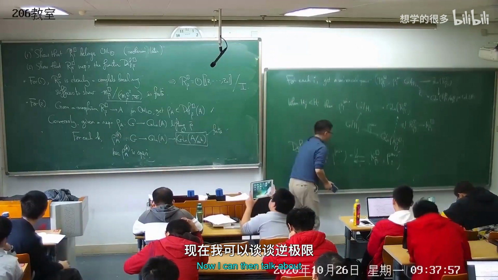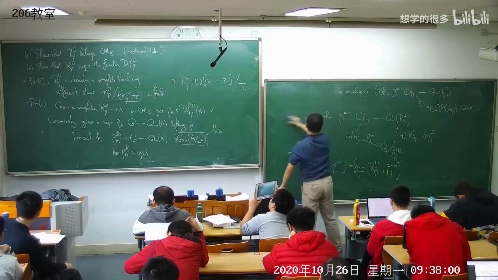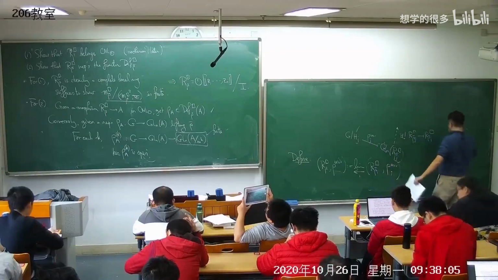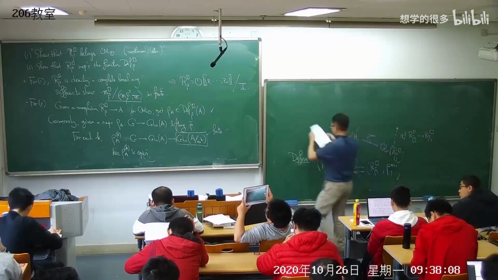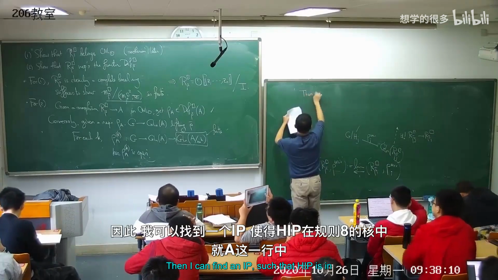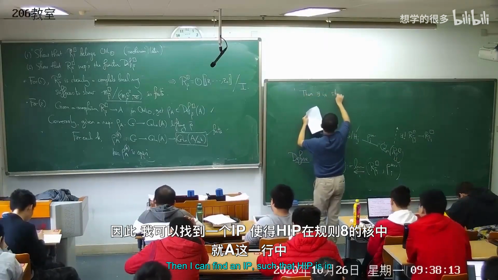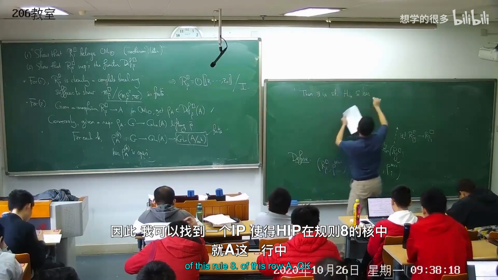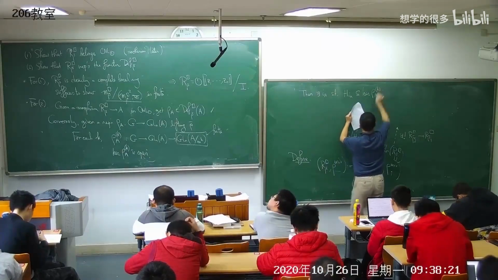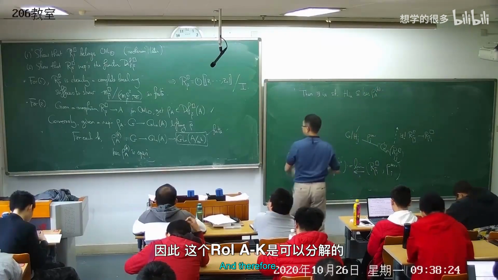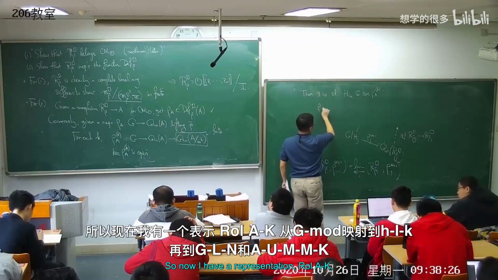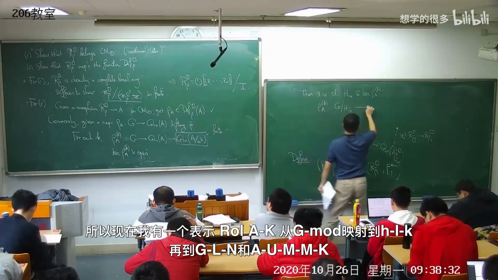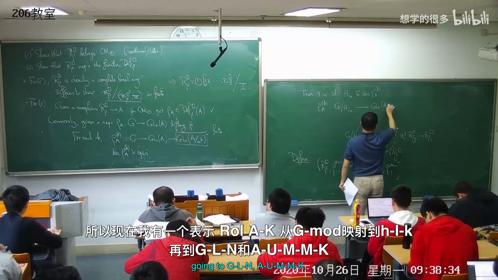Now I can talk about the inverse limit. Then I can find an H_{i_k} such that H_{i_k} is contained in the kernel of this ρ_A,k. And therefore this ρ_A,k factors through. So now I have a representation ρ_A,k from G mod this H_{i_k} going to GL_N(A mod m^k).